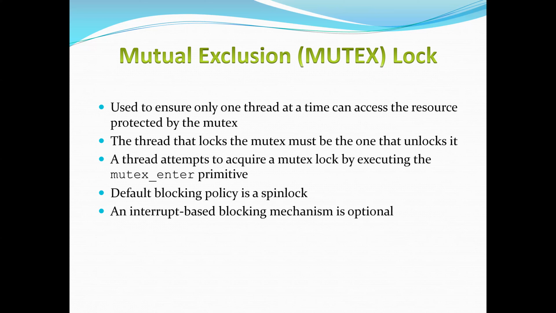The thread that locks the mutex must be the one that unlocks it also. So again, a mutex is used to ensure that only one thread at a time can access the resource protected by the mutex.